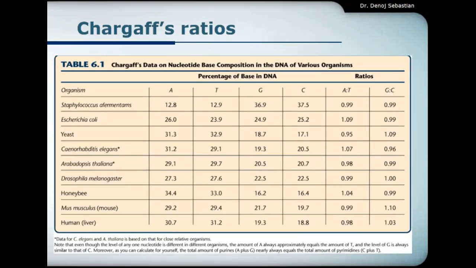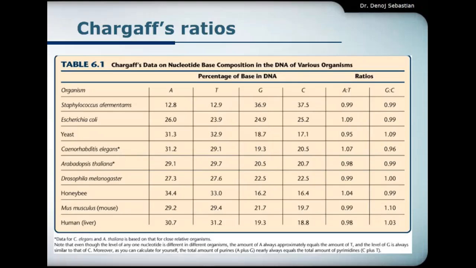Now, this table shows the overall ATGC percentages of various organisms. And anyway, I will share the slide with you, so you can go into the details later. So each and every species, if you are taking humans or yeast or some other organism, that species will have a particular proportion of these 4 nucleotides distributed in that genome.